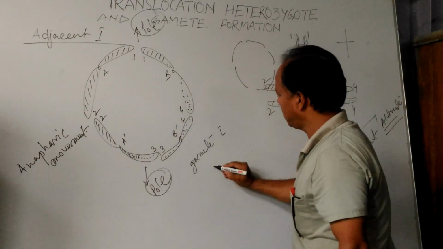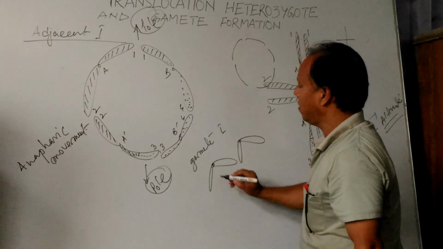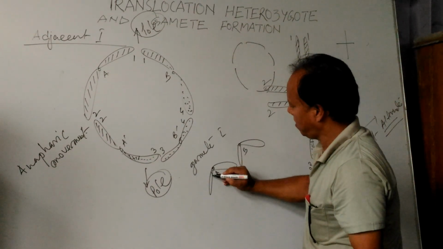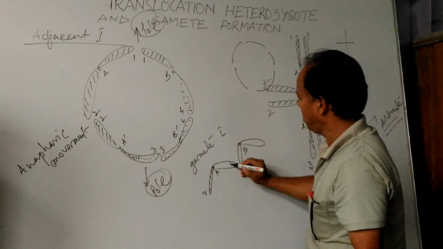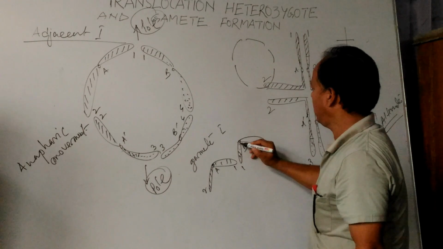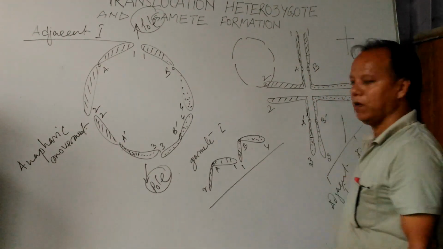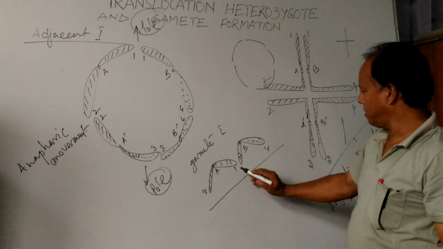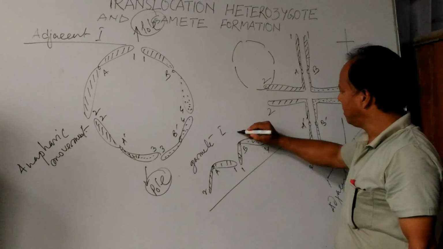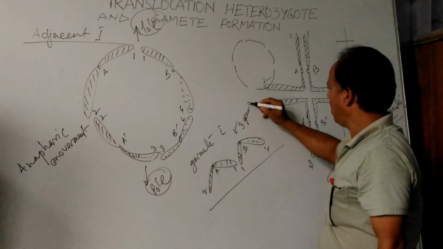So the first gamete has centromere A and centromere B with the genes 2, 1, 1, and 4. Here 1 is duplicated and 3 is deleted.